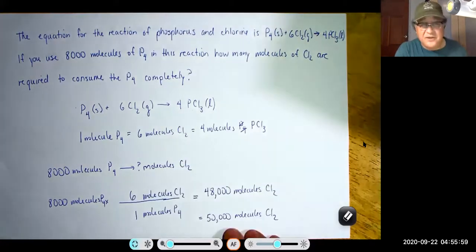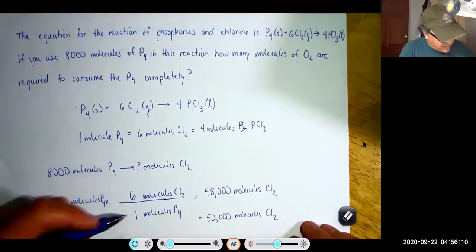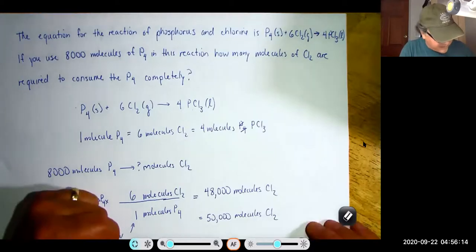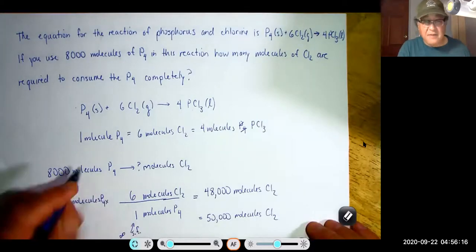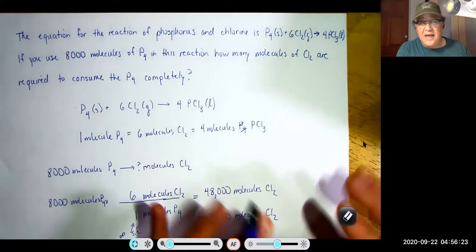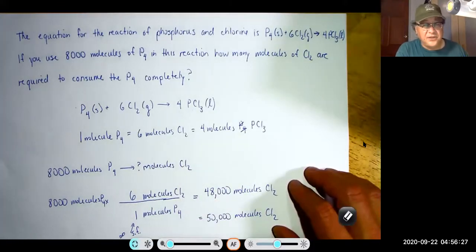Now, on the other hand, if this had been simply 8 molecules of P4, that would be something that we could count, presumably, and this would be 48. Okay, these stoichiometric coefficients have infinite significant figures because when you have a balanced reaction, those coefficients, for all intents and purposes, are counted. And they are counted reliably so that we know what the number is. It's no guess.